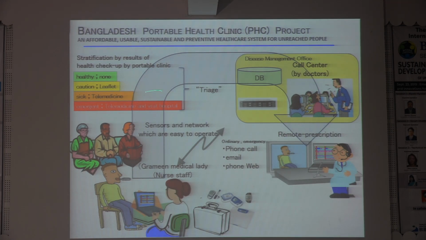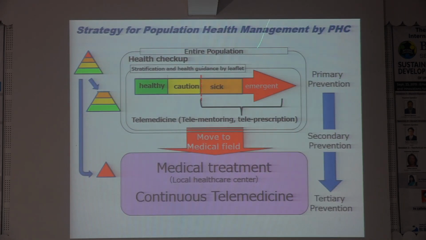Okay? So if we find this orange and red group, affected group, we can connect the doctor call center to manage them. So this is really similar to this one.